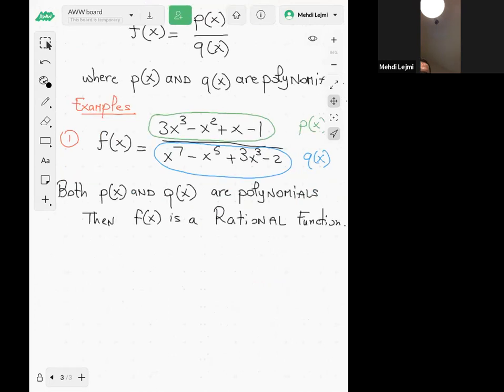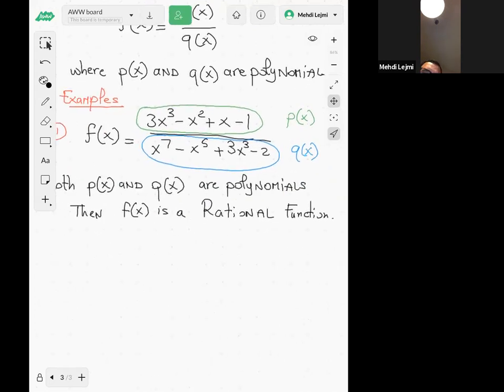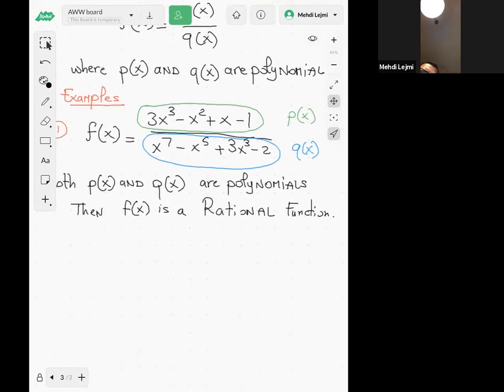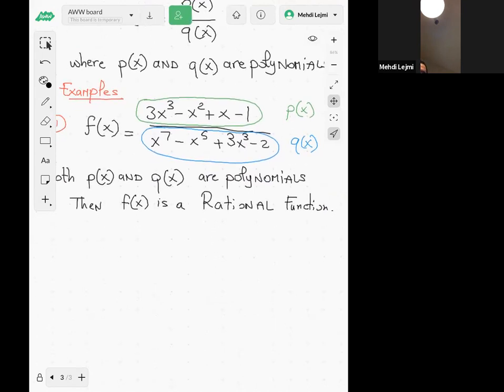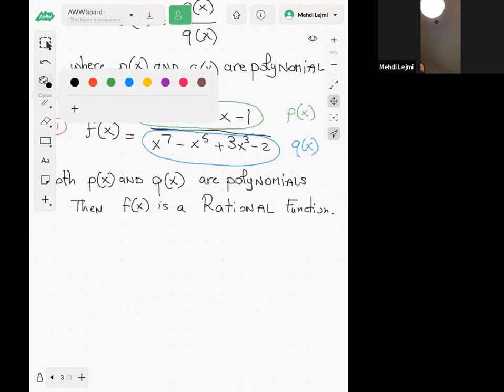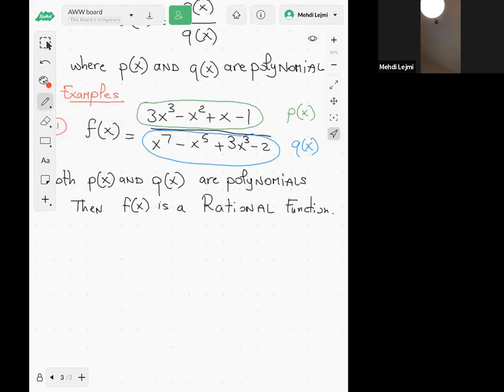As I said, in a polynomial, guys, the powers have to be positive integers or 0. So for example, if you have f of x equal to the square root of x plus 1 over x squared minus 2, then the numerator is not a polynomial.